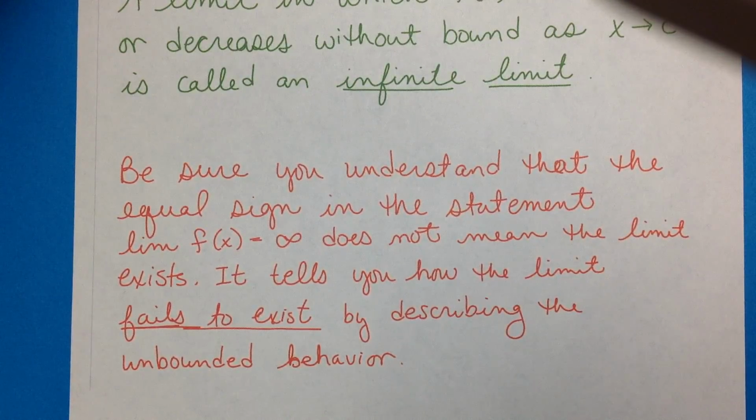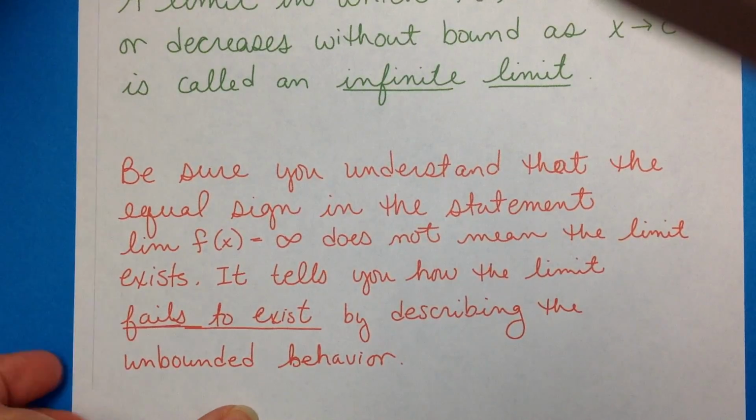If you approach from the left or from the right and it increases or decreases without bound, that still means that your limit does not exist. We're just going to simply describe why it doesn't exist. Just because we're saying it equals infinity or negative infinity, it still means the limit does not exist.